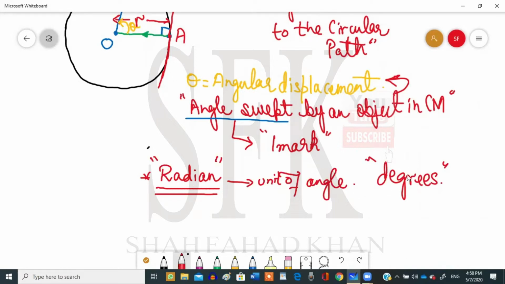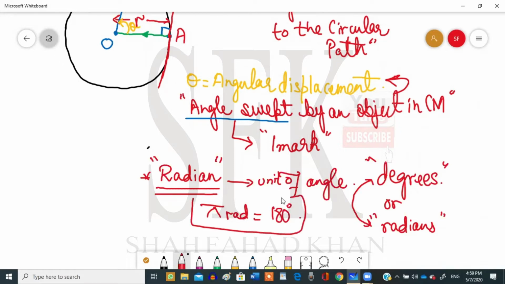In math we measure angle in degrees or in radians. We can convert an angle in degrees to an angle in radians by using the relationship that pi radians is equal to 180 degrees. This was about the radian.